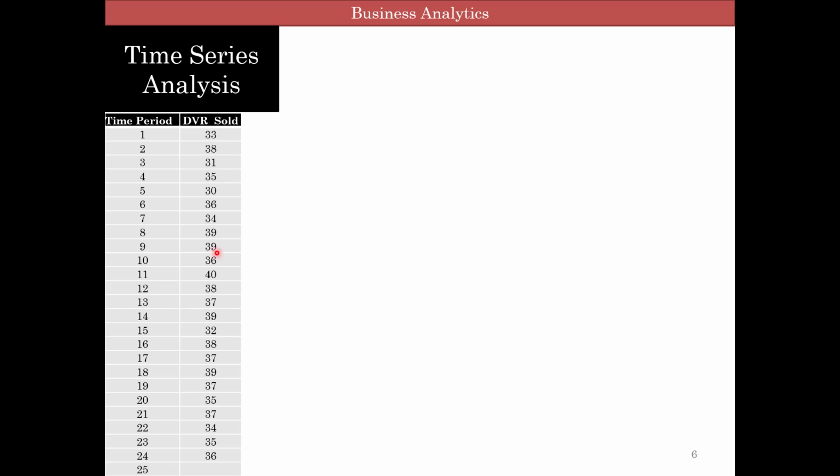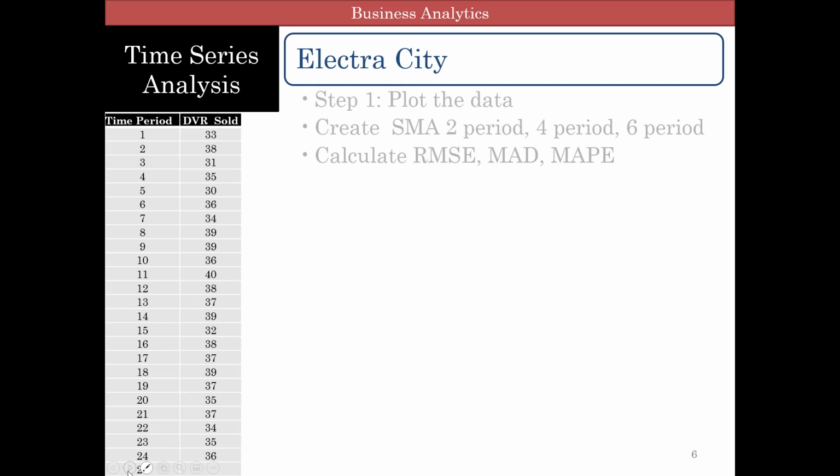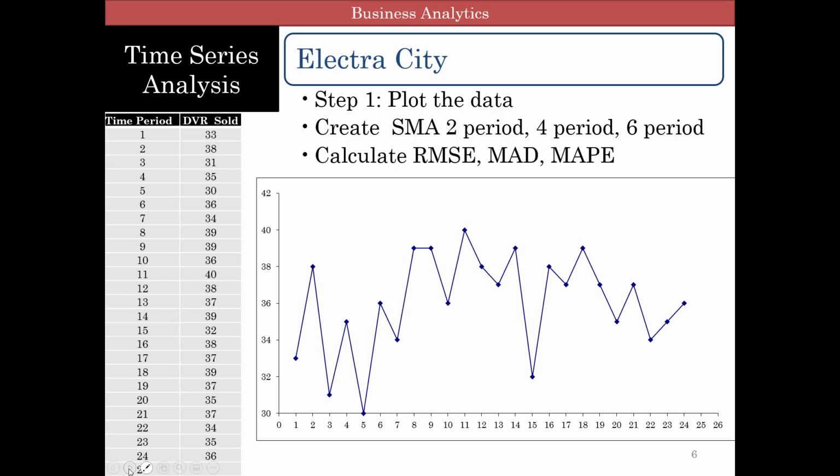And here's the data set. So he's got 2 years of data, and here's the number of DVRs sold per month. As we go through Excel, we'll first plot the data. Then we are going to create a simple moving average for 2-period, 4-period, and 6-period moving average, and calculate the root mean squared error, MAD and MAPE.